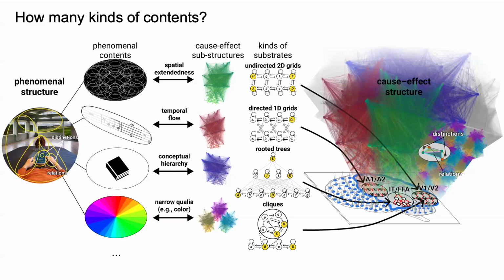It's not just this specific face. And then finally, the hypothesis is that narrow qualia such as color, pitch, tactile experiences, and smells are contributed by small cliques, highly interconnected sets of units. We have some evidence that these types of architectures are in specific areas of the brain that we also know contribute contents of experience of this sort. So these would all contribute substructures of the cause-effect structure of one experience.